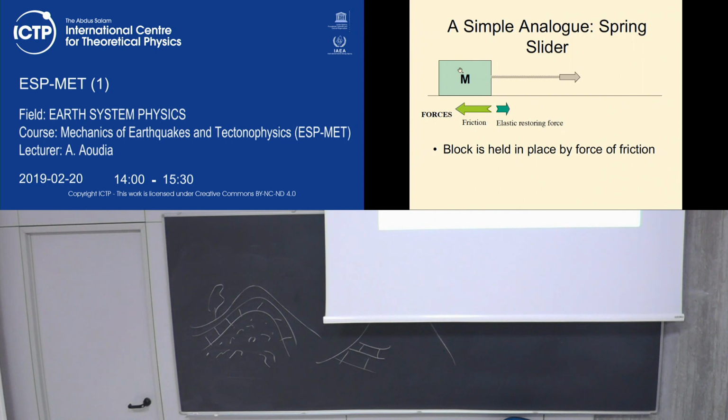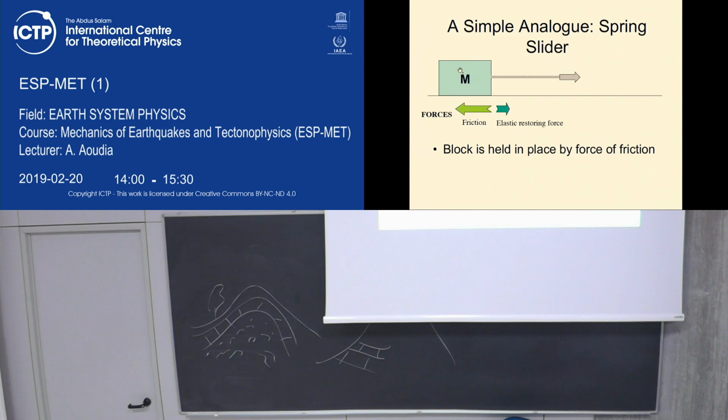What is the engine of all the deformation in this analog? The arrow. This is my hand. I'm pulling the spring. So this is plate tectonics. I'm representing the plate tectonics here. So the spring will be the lithosphere. The interface between the mass and the surface will be the fault.